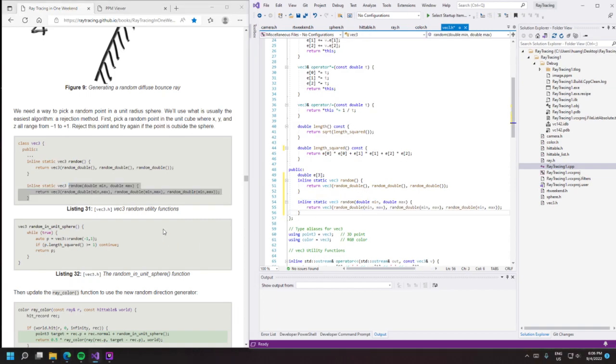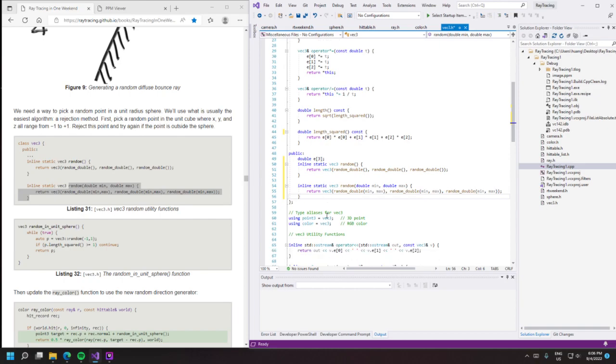Okay, and for the random unit sphere, why do we also need that? While true, we want to... Okay.